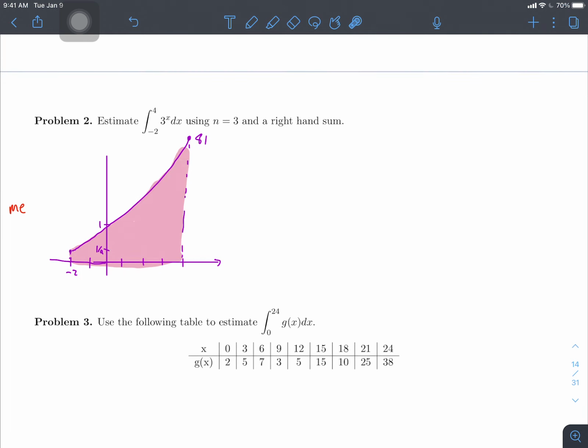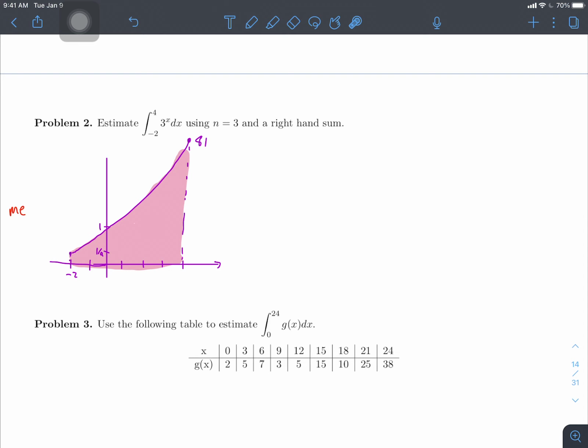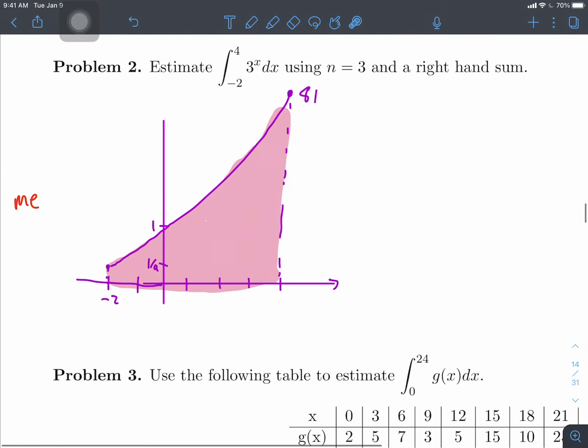Okay, so we know we need to have 3 rectangles. Here are the 2 things that we need to decide about our rectangles. The first thing is, how wide are our rectangles? If we have 3 rectangles of equal width and their widths add up to 6, then each rectangle has width 2.